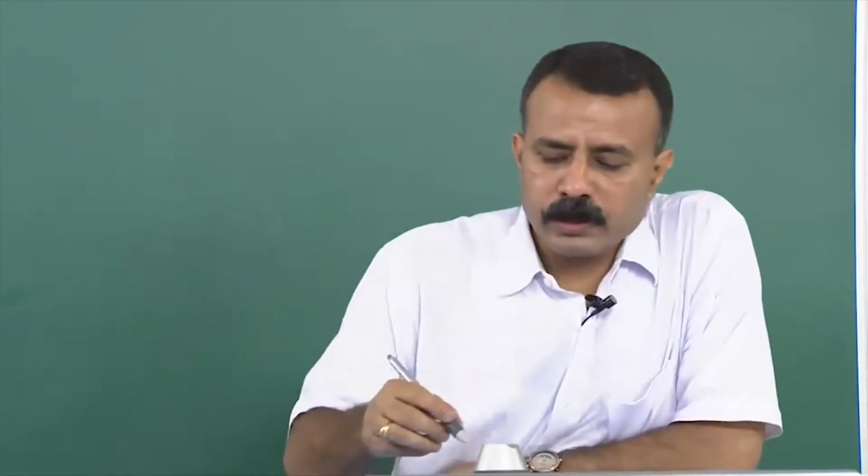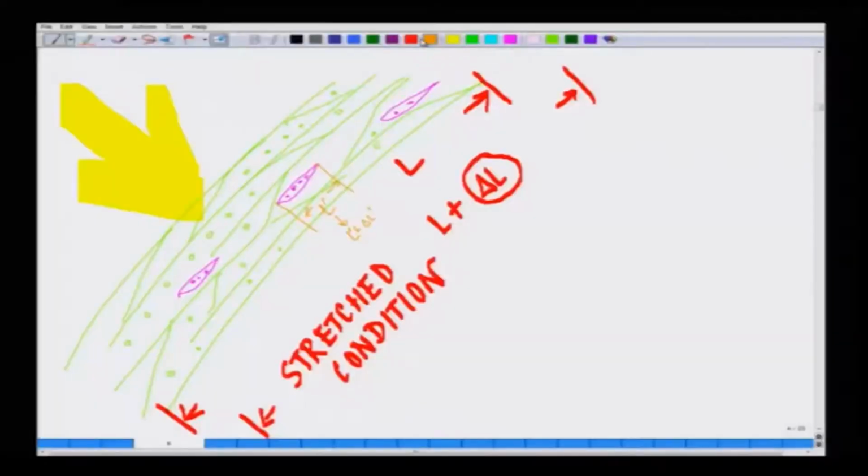So, this muscle spindle is innervated by sensory neurons like this. And the sensory neuron is like this, the cell body is out here, and it goes all the way to the spinal cord. Fine.